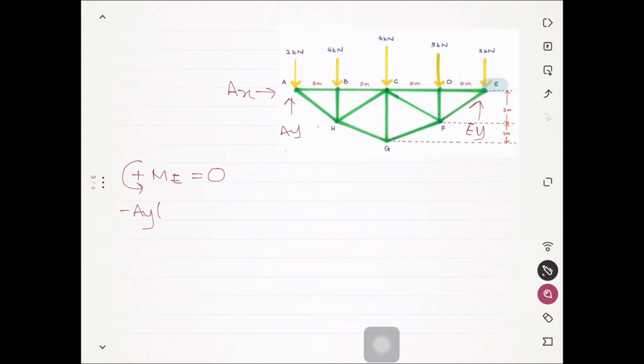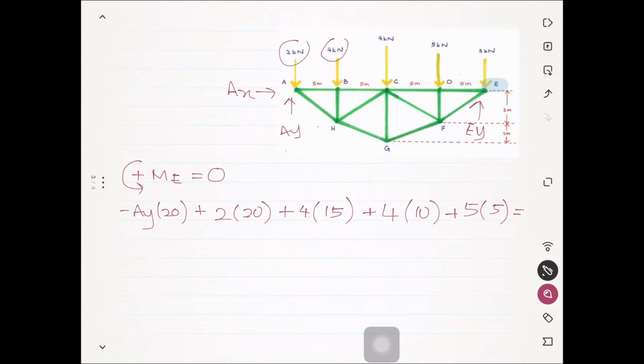Ay times the distance 20, plus this one 2 times 20, this one 4 times 15, plus 4 times 10 plus 5 times 5 equal to 0.